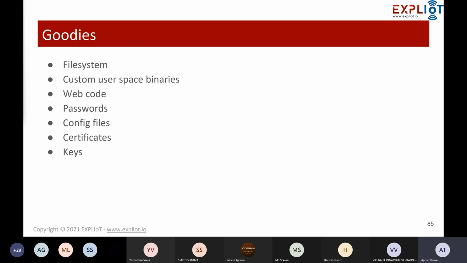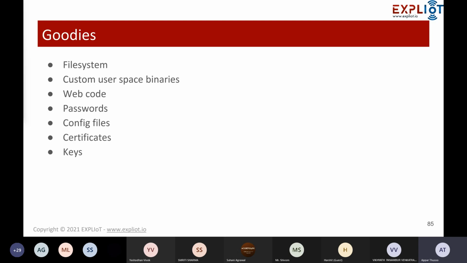Some of the goodies or low-hanging fruits that you can look for in the firmware include the file system, how it is structured. If you have a good understanding of Linux, you will know which directories to directly probe into. Then your custom user space binaries, because these are the binaries created by the device manufacturers and most likely have vulnerabilities.